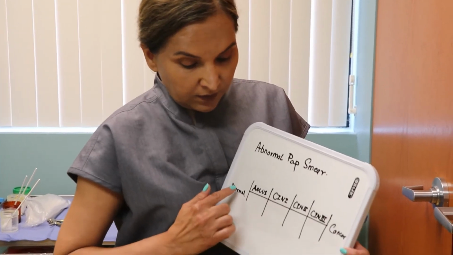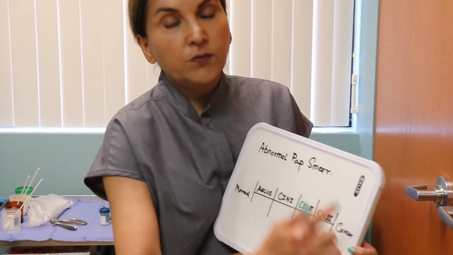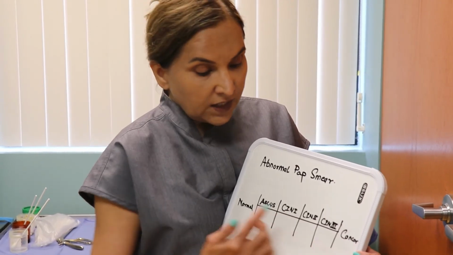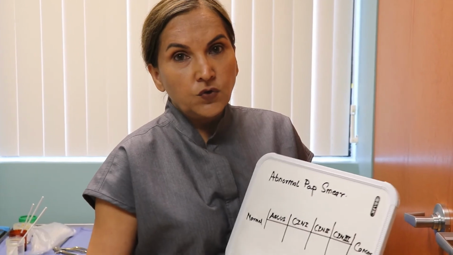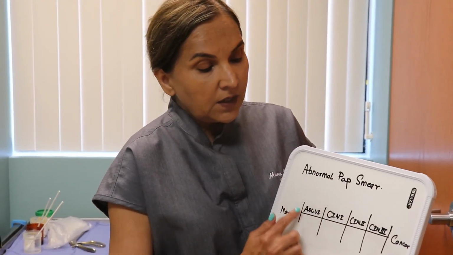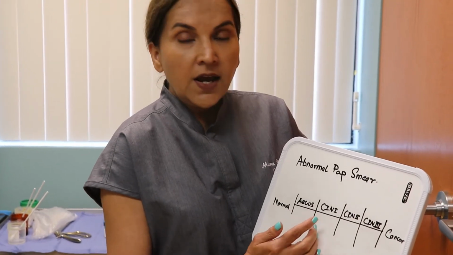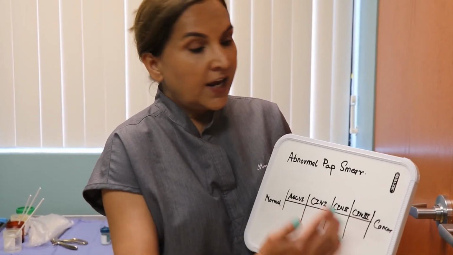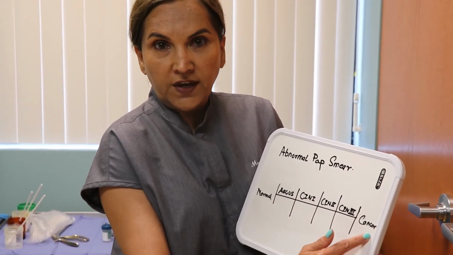So remember, the Pap smear never jumps from normal to cancer just like that. It goes through these stages, and this can take 5 to 7 years before the Pap smear can convert into cancer. And if you go to a gynecologist and get your Pap smears done, you're gonna be diagnosed somewhere here, and a treatment will be given, and you would never reach the stage of cancer.